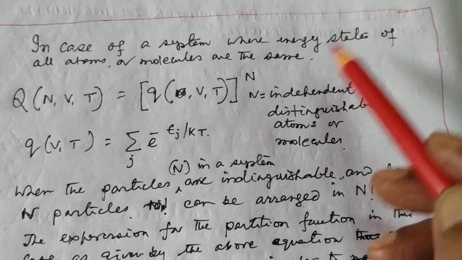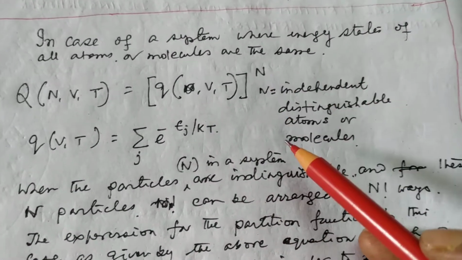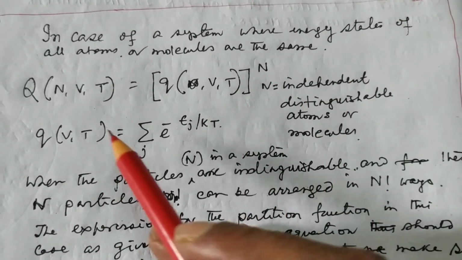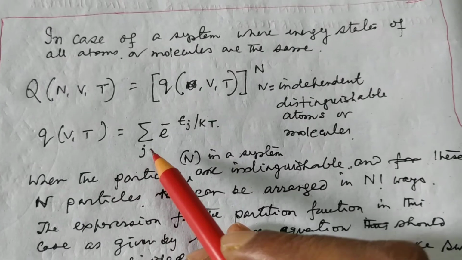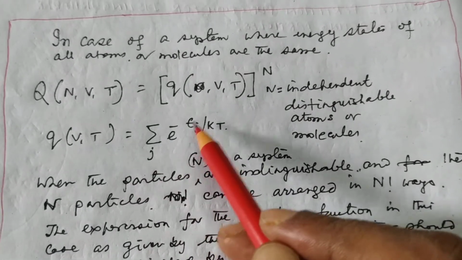Multiplying all these N terms, we get q to the power N. Now this q(V,T) is the summation over j of e to the power minus epsilon j by kT.